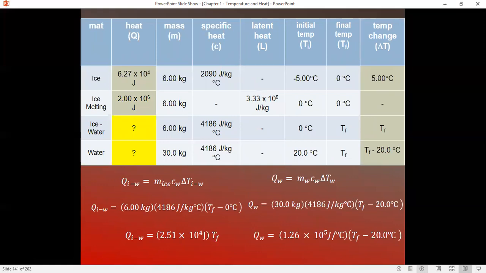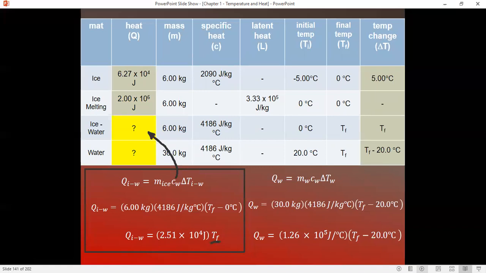Let me use a different color. Here is our first box right here. That is going to go right here. But notice it's in terms of TF.